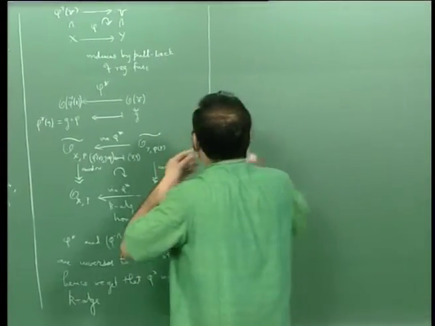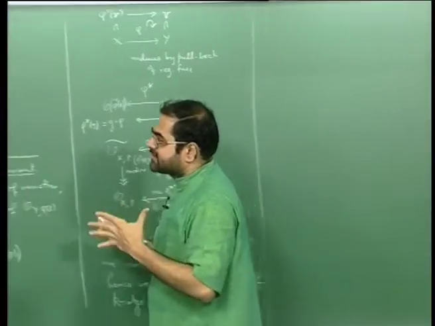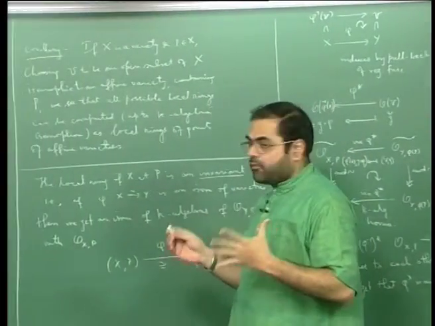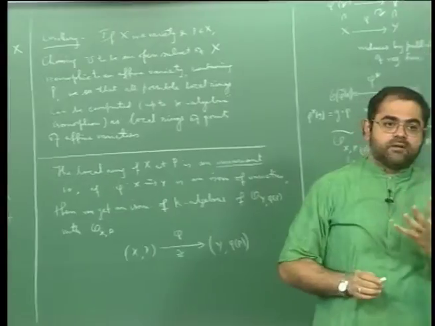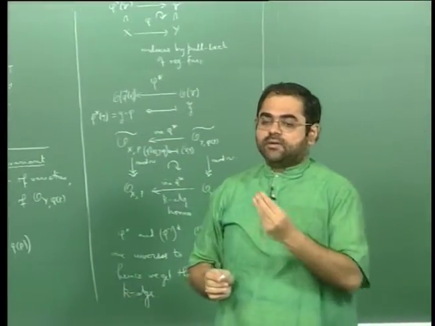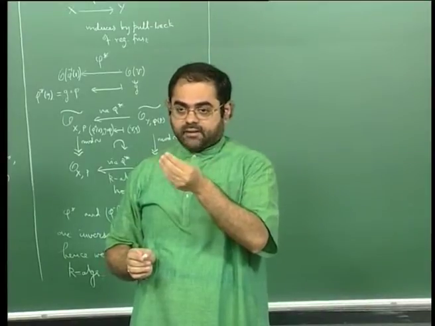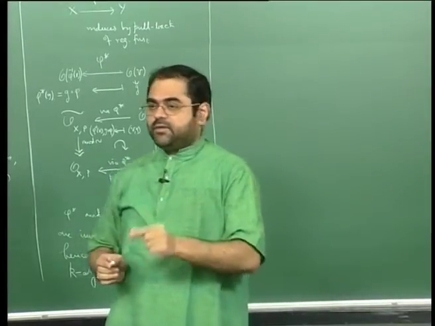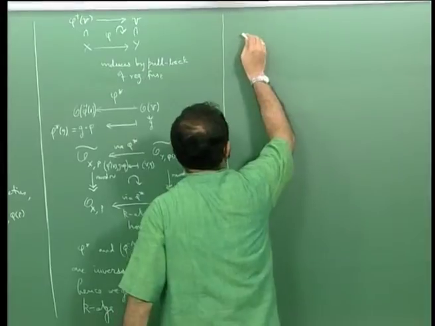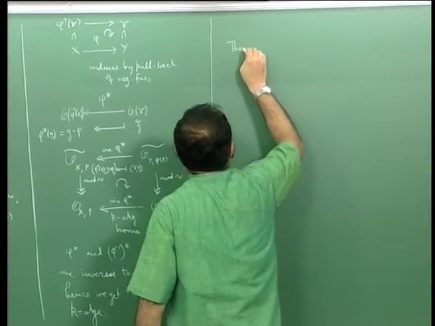Now the big deal is how to calculate, commutative algebraically, the formula for the local ring of an affine variety at a point. Here is the theorem.